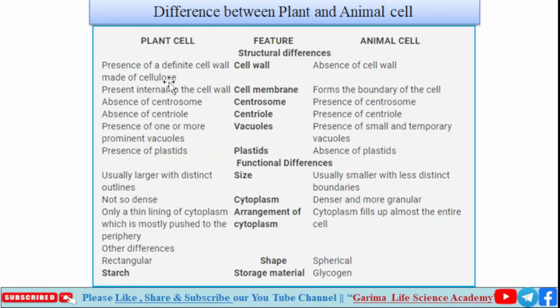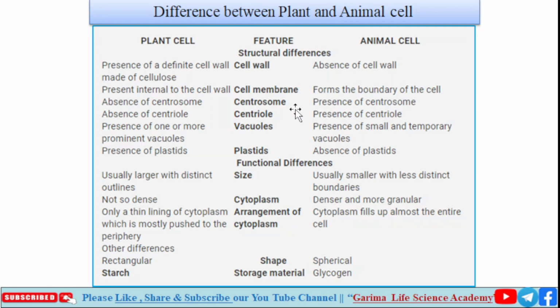But in animal cells, the cell wall is absent. The second one is the cell membrane. In plant cells, it is present internal to the cell wall. But in animal cells, it forms the boundary of the cell.